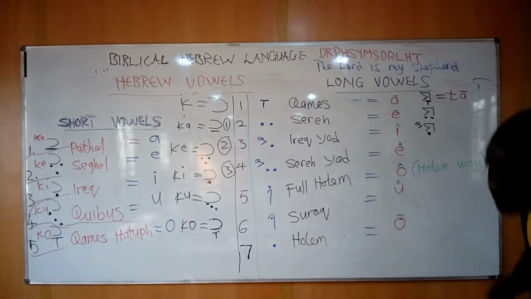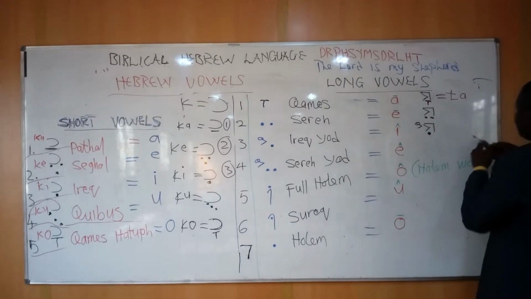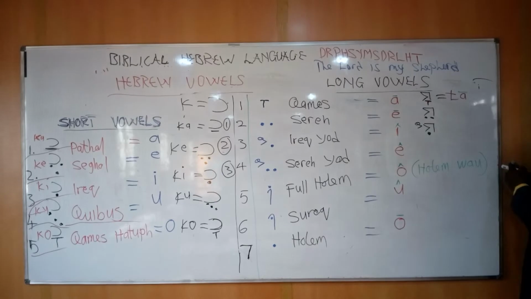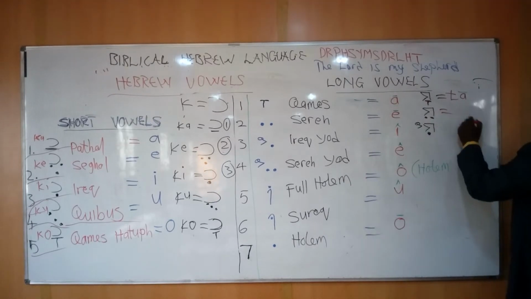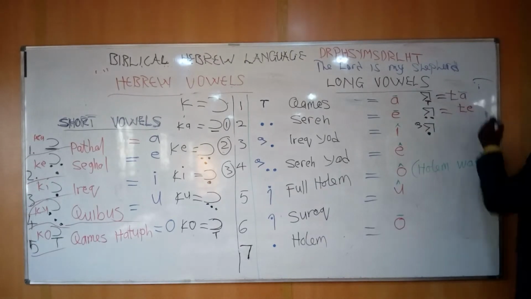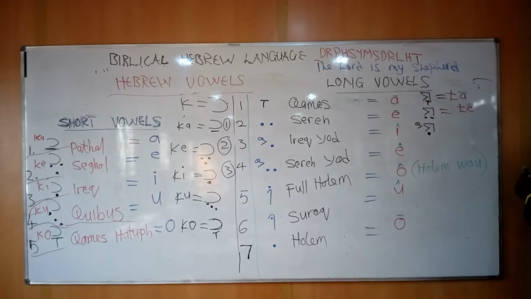The green sign stays to show you that it is a long vowel. In this case, you want to write T, so you transliterate this way, then you put a sign to show that it's a long vowel.